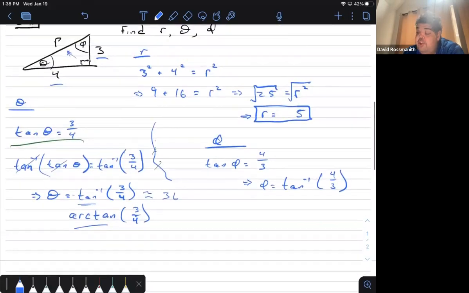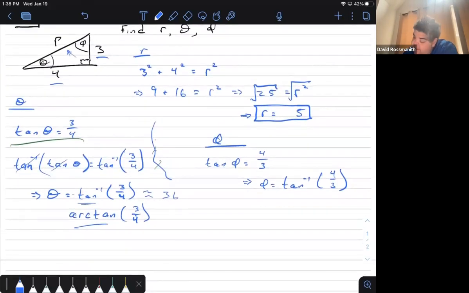So if I want phi, what do I know? Well, I know theta plus phi plus the 90-degree angle, those are my 3 angles in my triangle, all add up to 180. So bring the 90 over to the other side. Theta plus phi is 90.